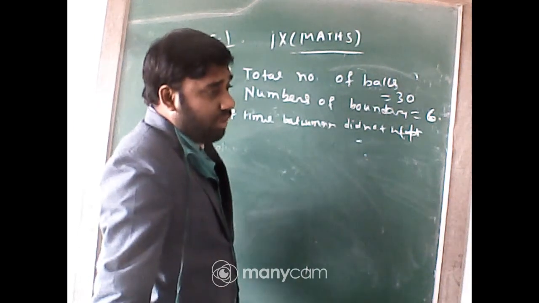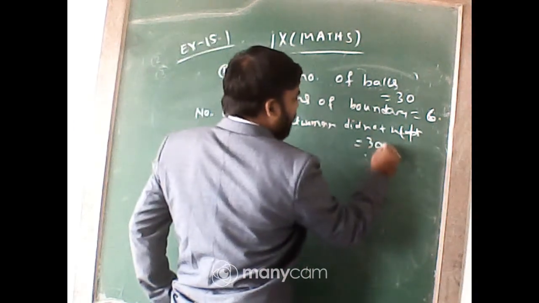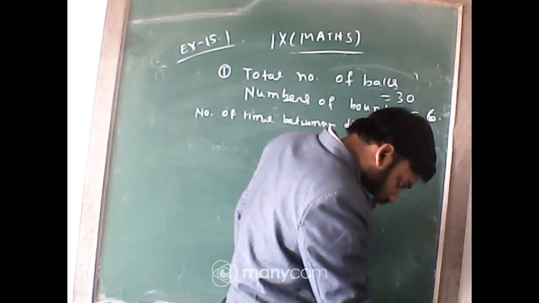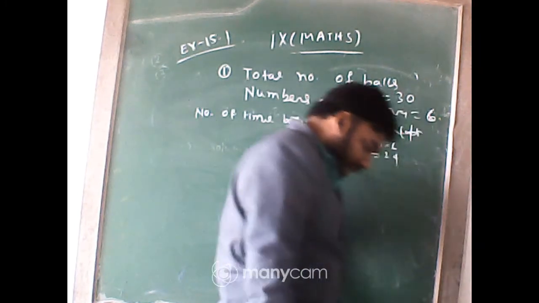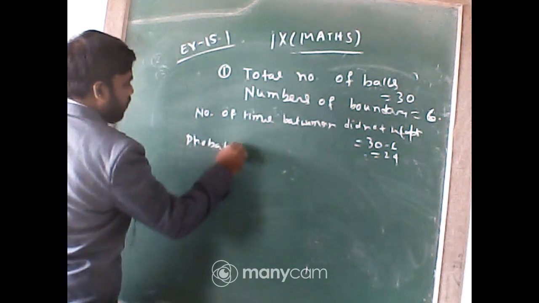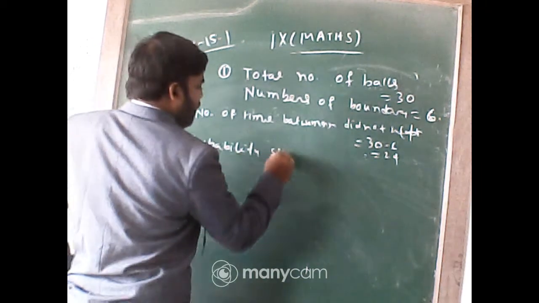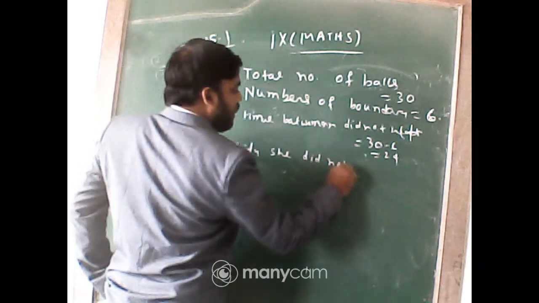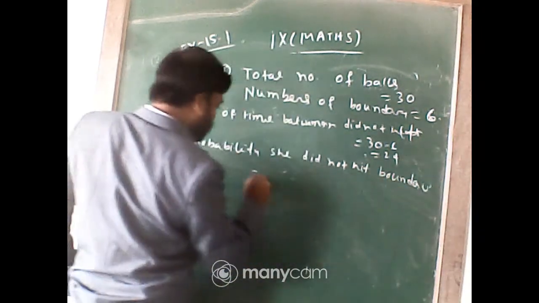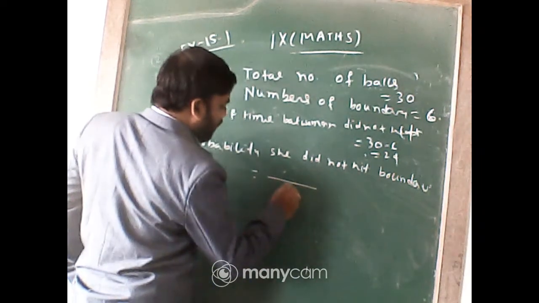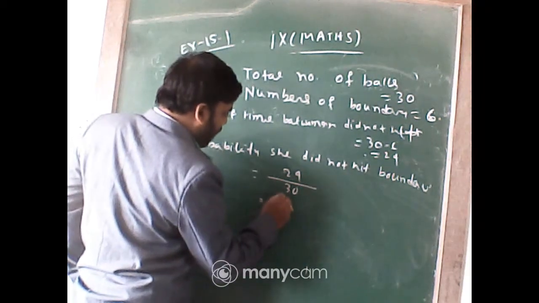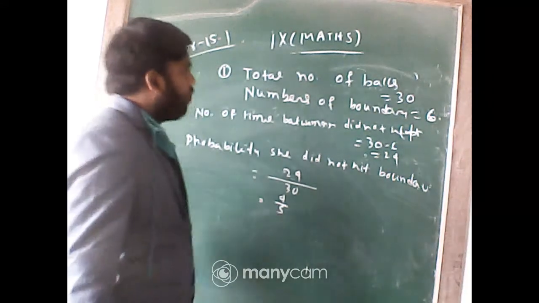How many times could she not hit? Yes, 24, because 30 minus 6 is 24. So what is the probability? The probability that she did not hit a boundary equals 24 by total balls 30. Okay, reduce it, you will get 4 by 5. So that is the answer to the first question.